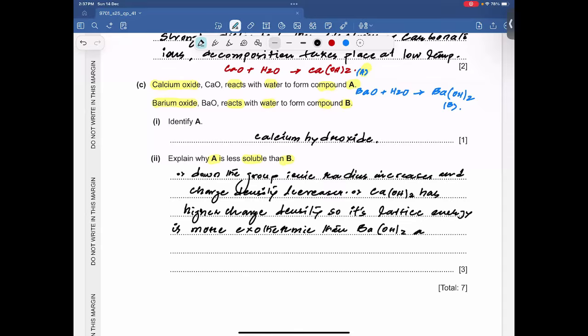As a result, its hydration enthalpy is also more exothermic.